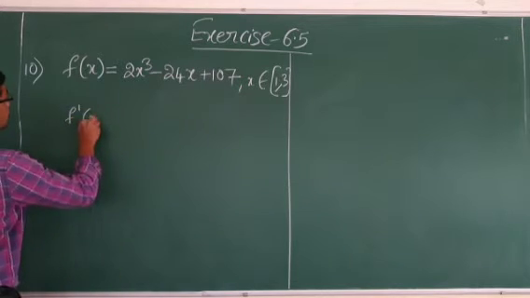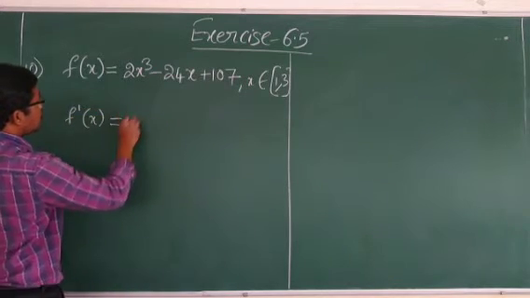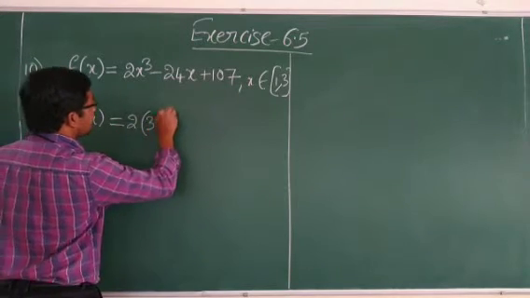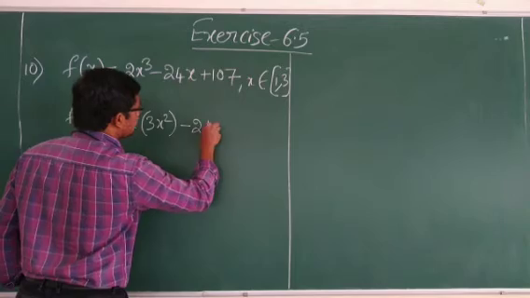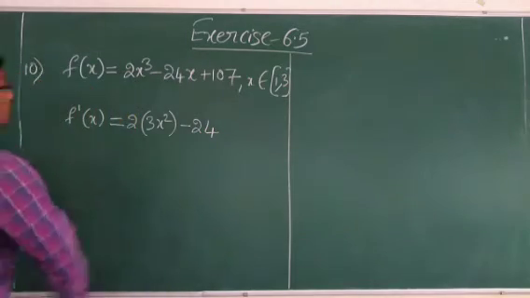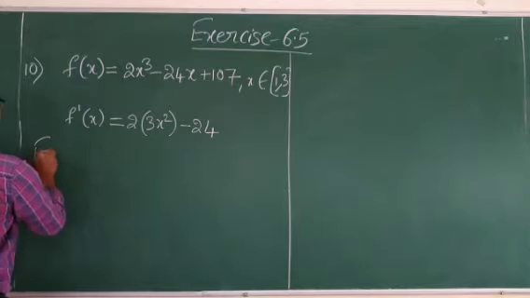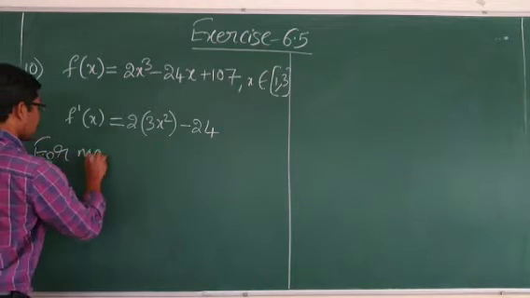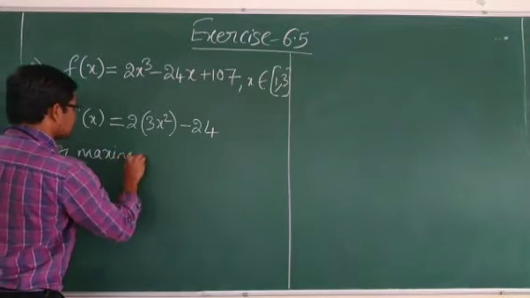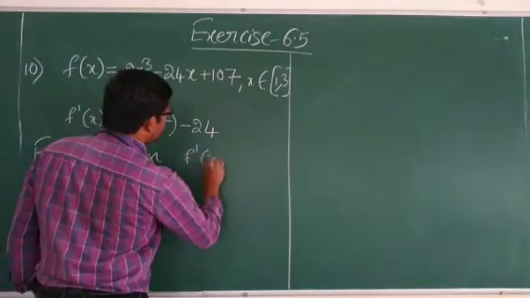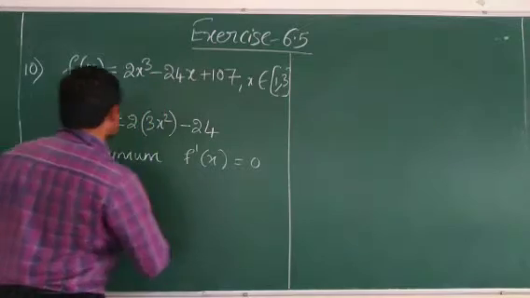So consider the derivative. 2x cube derivative is 2 into 3x square, minus 24. This is constant, so it will be 0. Again, for maximum, the derivative must be equal to 0.